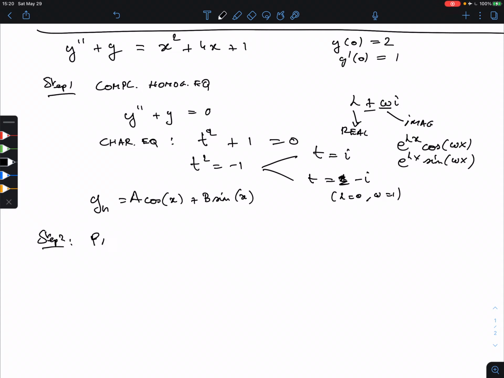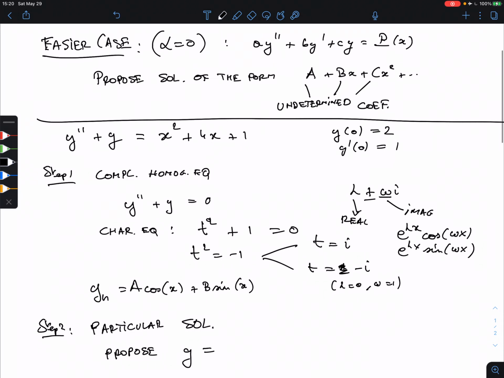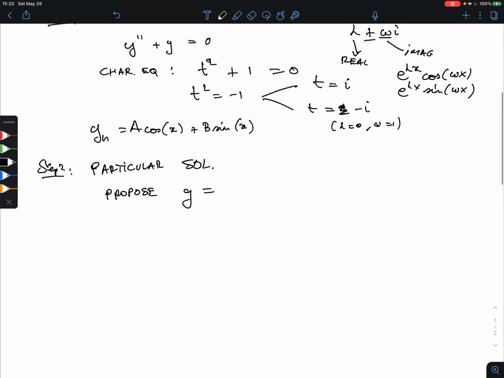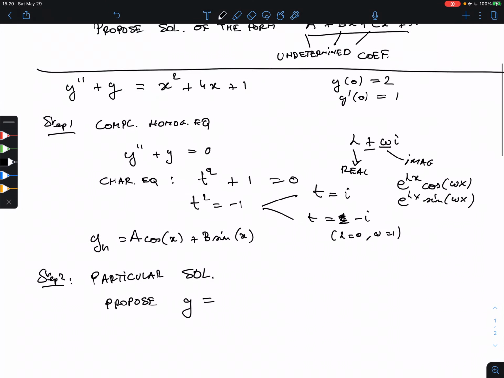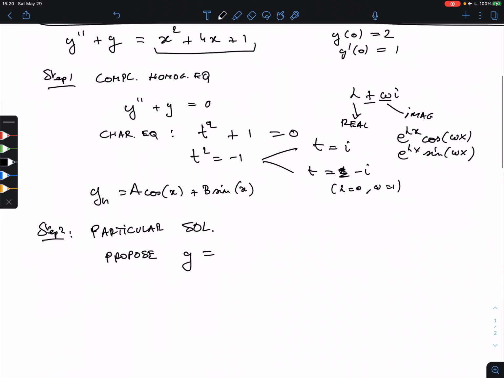But now the particular solution, and here we have to do what I suggested. We propose a solution of the form of a polynomial. And what is the polynomial going to be? It is going to have the same degree as the polynomial here, so a general polynomial of degree 2.